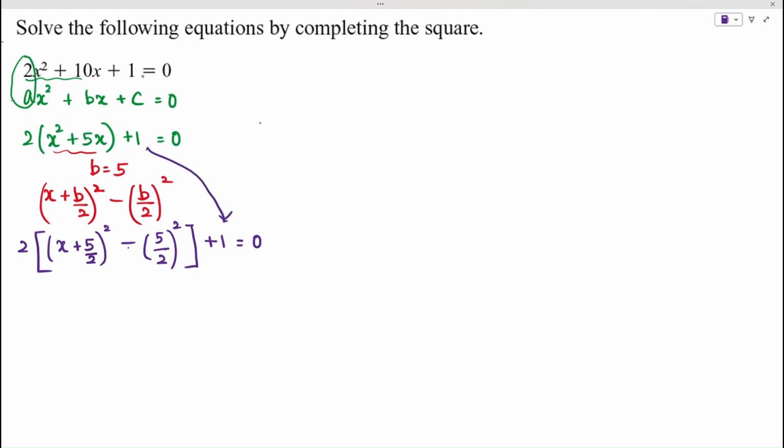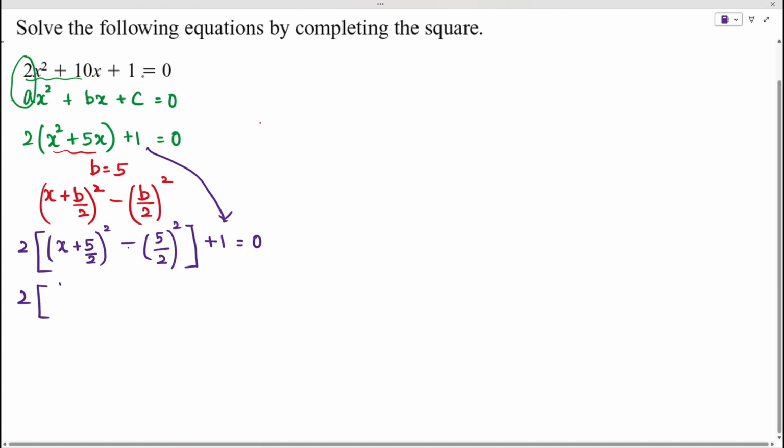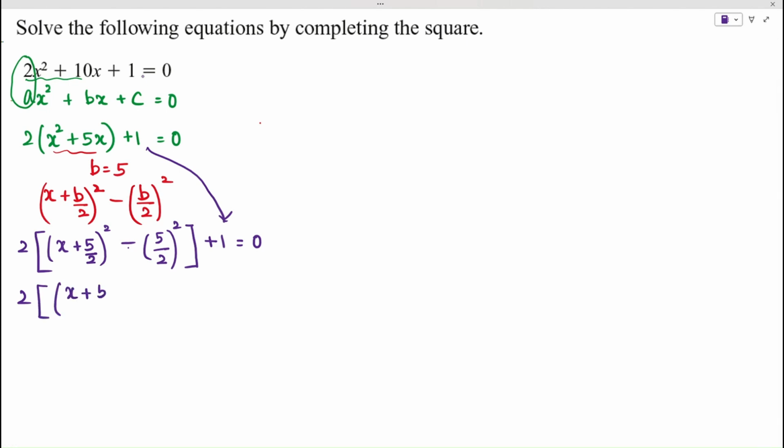Now we simplify our square, so we get 2 times x plus 5 over 2 the whole squared minus 25 over 4. We close our square brackets, plus 1 is equal to 0. Now we multiply 2 into our brackets, and this removes our square brackets.